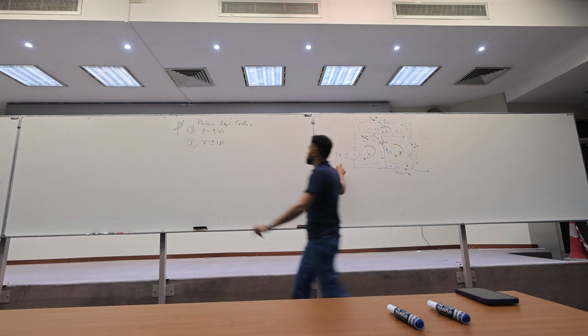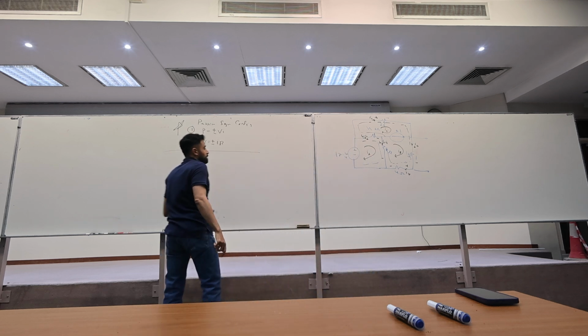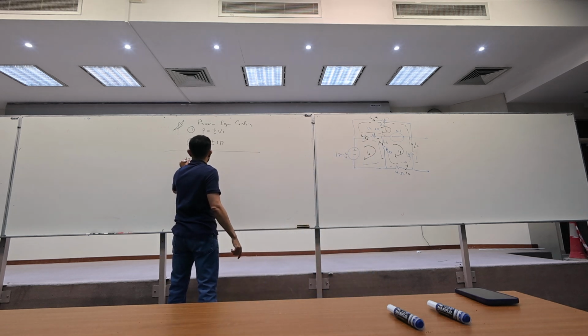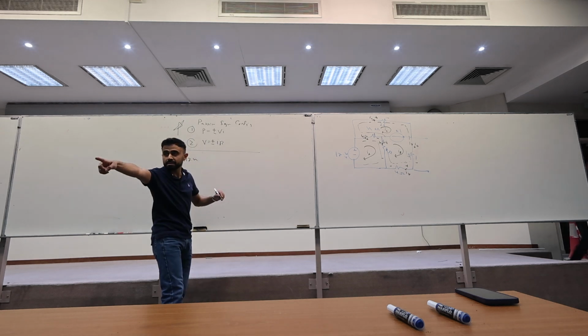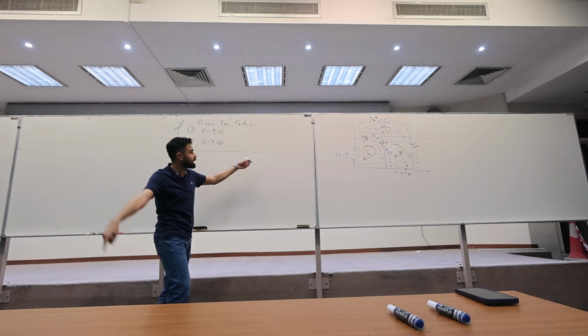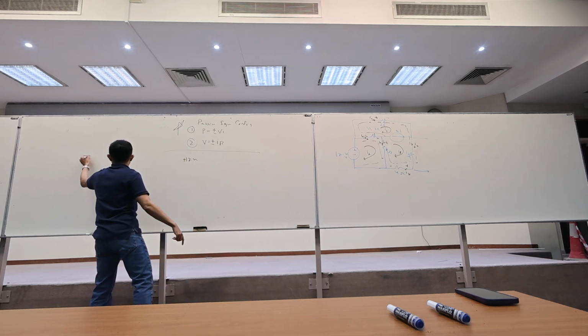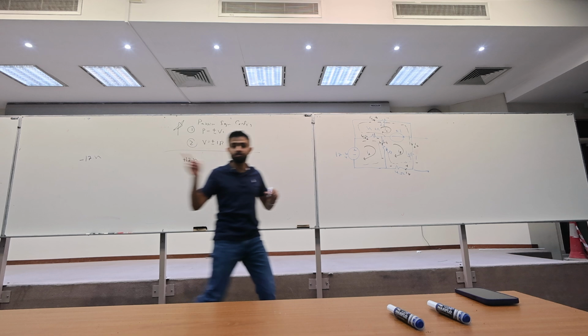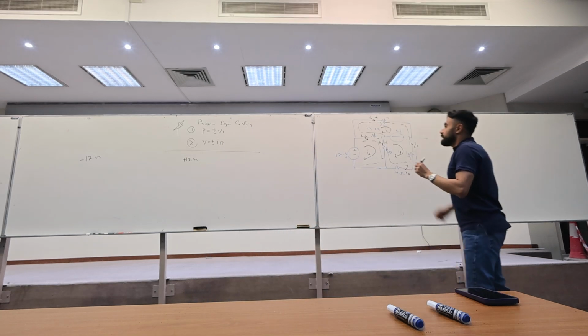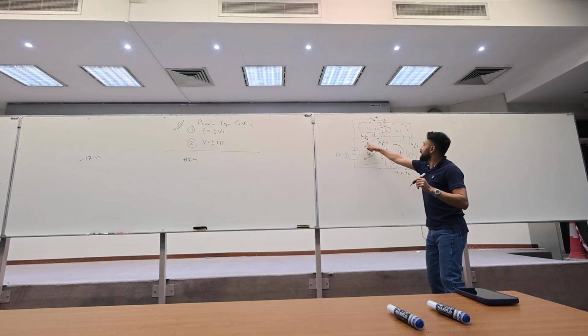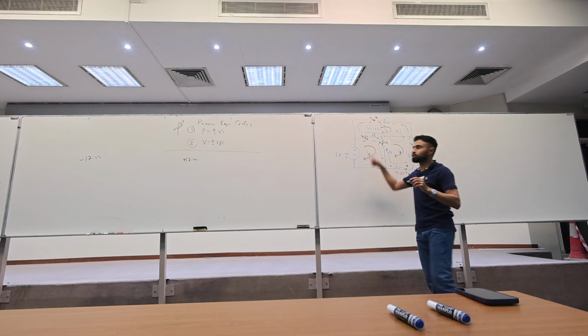Loop number 1, voltage rise, voltage drop. Voltage rise, plus 17.4. You have to use minus, okay? Because you see a negative sign. So I'm going to write your equation here, minus 17.4. Now, voltage rise or voltage drop? Drop, minus.